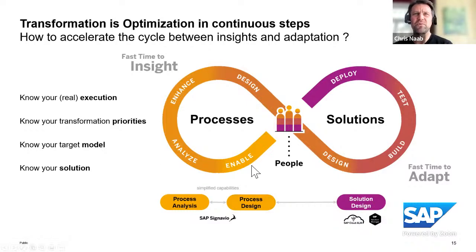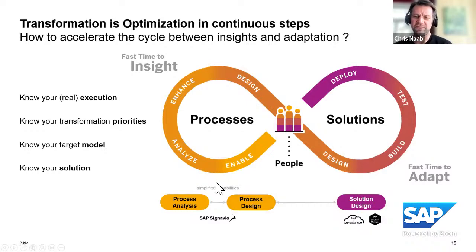And so this is not just a one-time thing. So there's a reason why there is this infinity. We've designed this infinity loop because it never really stops, because transformation really is a continuous thing rather than something that happened once and then we will keep that as is for the rest of the days.